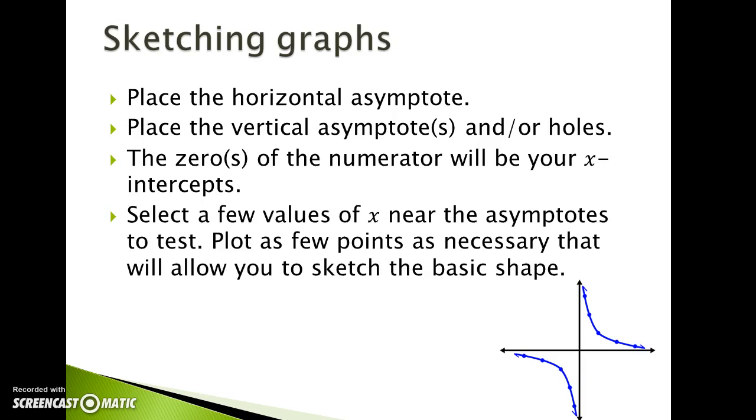And then all you do to sketch the actual curves themselves, the blue things in the picture, just pick a few values of x near the asymptotes to test. Your goal is to plot as few points as necessary that will allow you to sketch the basic shape. And again, you could use your calculator's y equals button and then look at the graph menu to figure out the table.